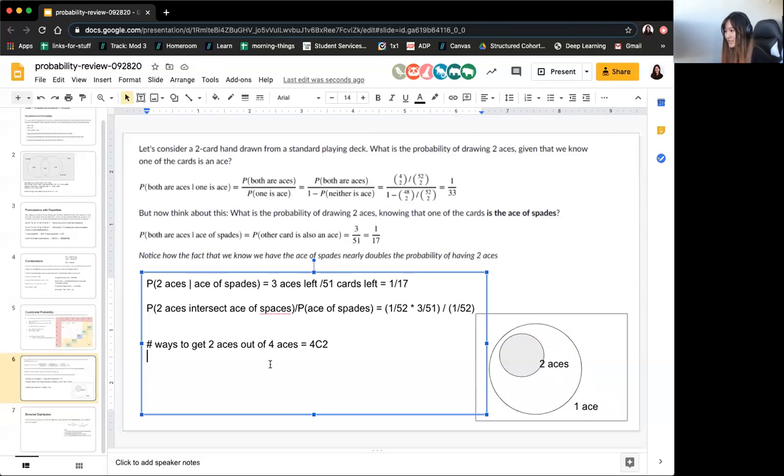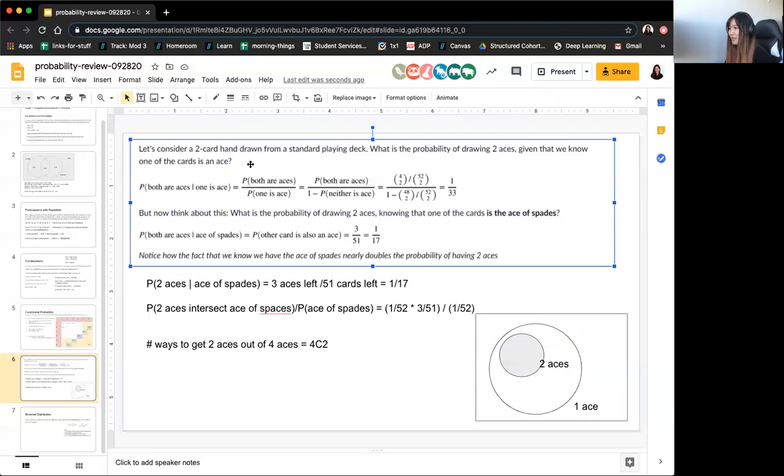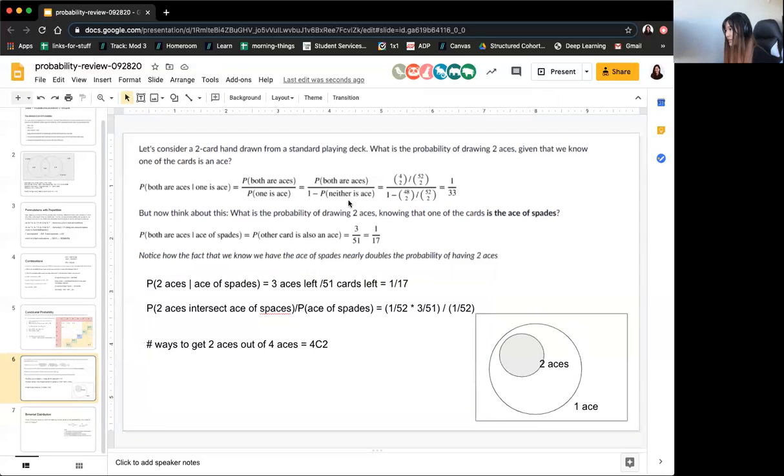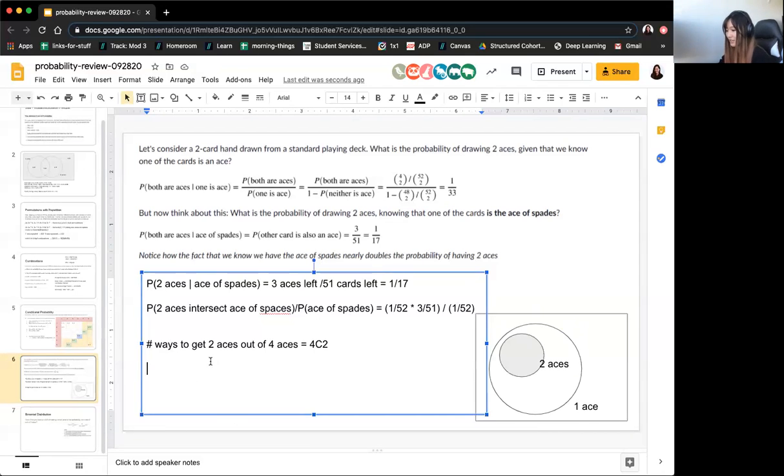You're just looking at all the ways that you get at least one ace. Because given that we know one of the cards is an ace, you can still have just one ace. If your second card drawn is not an ace, you still have one ace. But if your second card is an ace, you get two aces. So technically, this denominator is looking at the number of ways to get at least one ace.